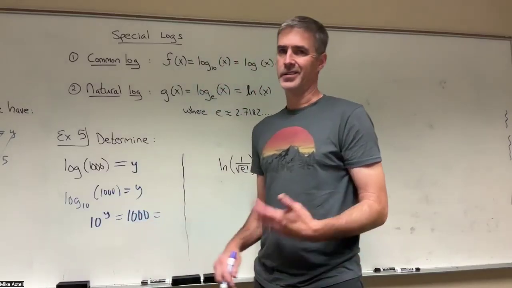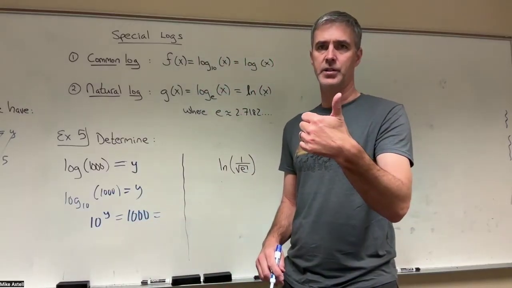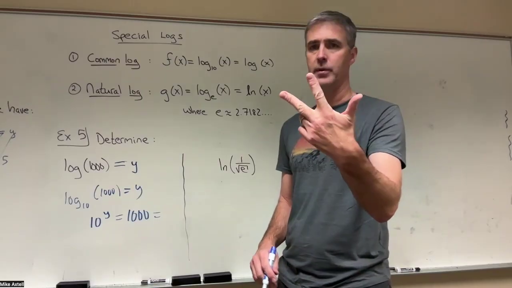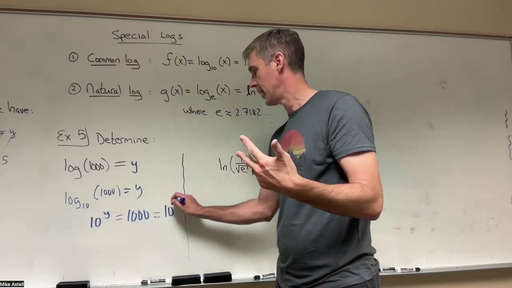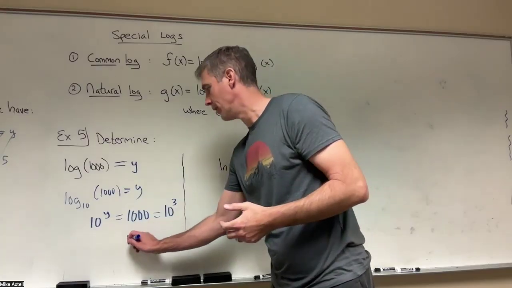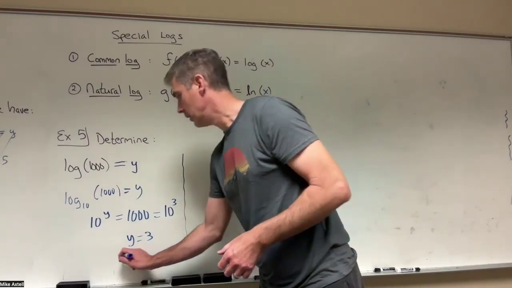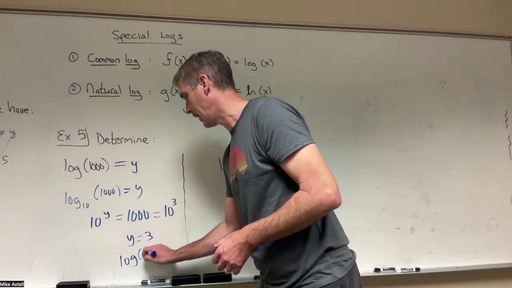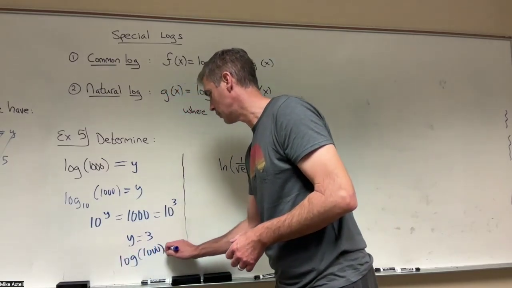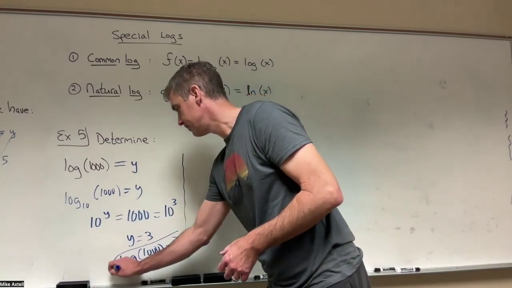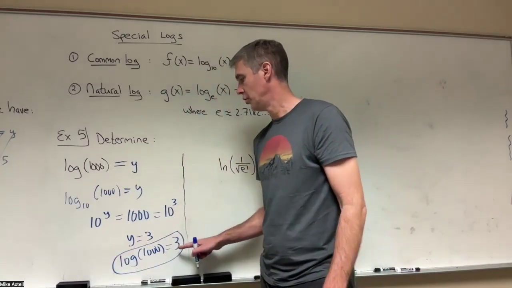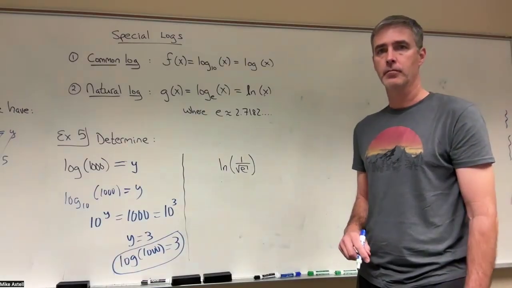And I know 1,000 is a power of 10, right? 10 to the first is 10, 10 squared is 100, 10 cubed is 1,000. So 1,000 is 10 cubed, so I know that my power is equal to 3. So the common log of 1,000 is equal to 3, because 10 cubed is 1,000, right?